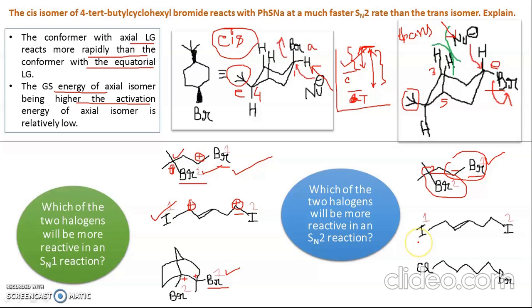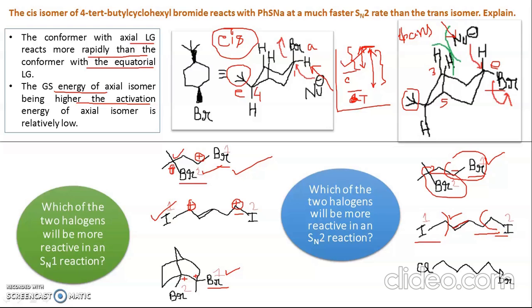Now come to the second one. Again the same molecule as we have seen in the first case. So I1 and I2. Now you can think that in both cases it is a primary iodide, isn't it? But here a double bond is present close to this center, unlike this side.